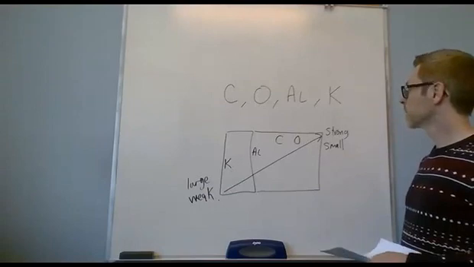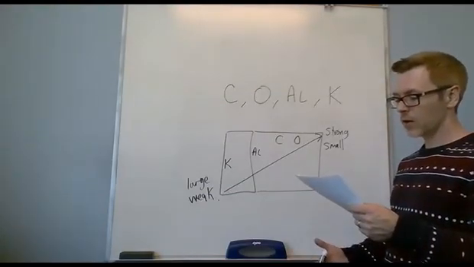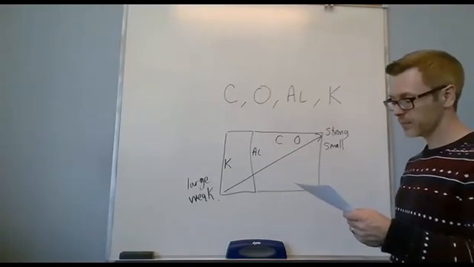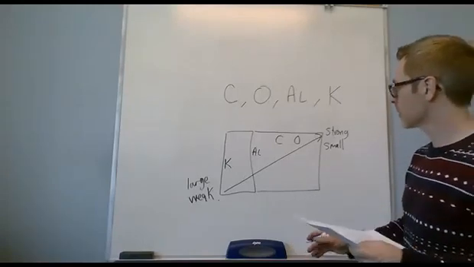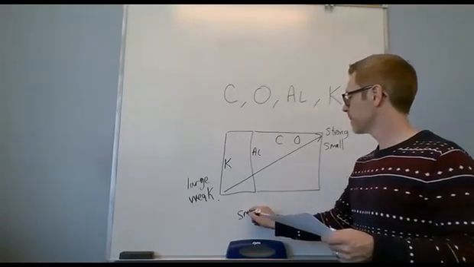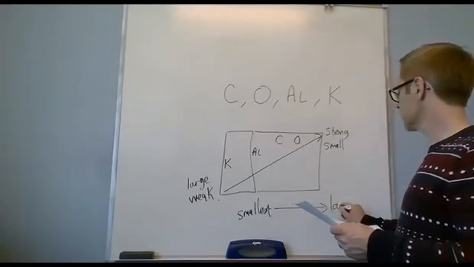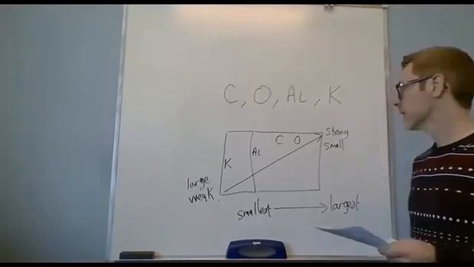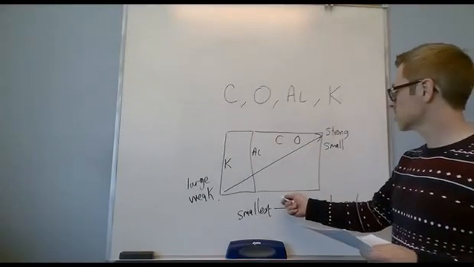Okay. So again, we've got to rank these in order of increasing atomic radius. So I want to start with the smallest one. Smallest to largest. Okay. So the smallest is oxygen.